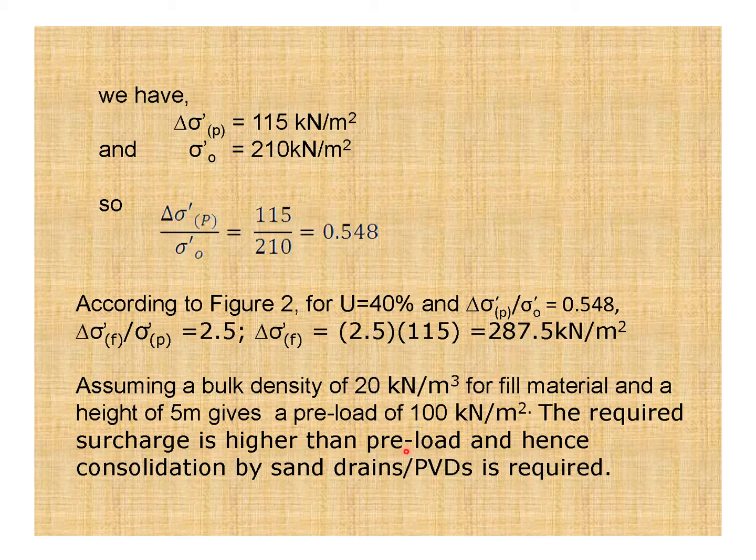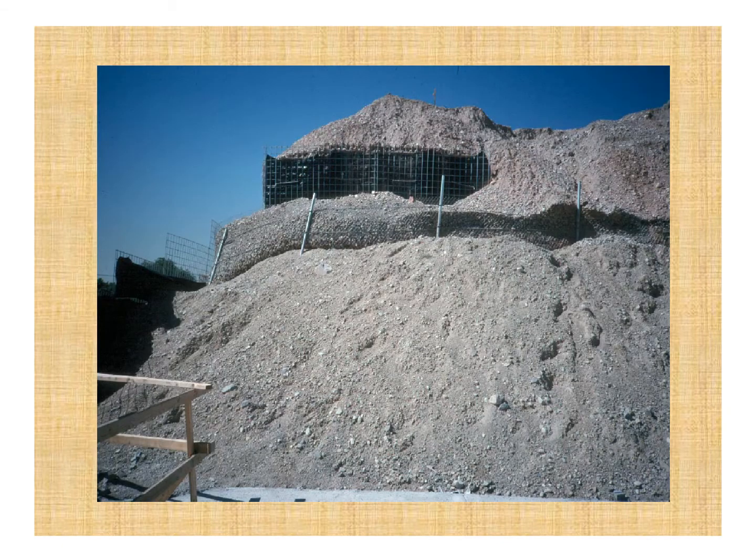We will have to consider the other options like sand drains and the option of prefabricated vertical drains. So when we place the surcharge over the ground, it is something like that. Look at that. A huge mass of soil has been placed over the ground.